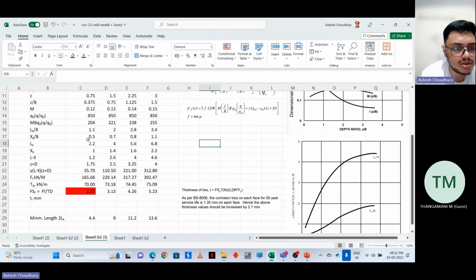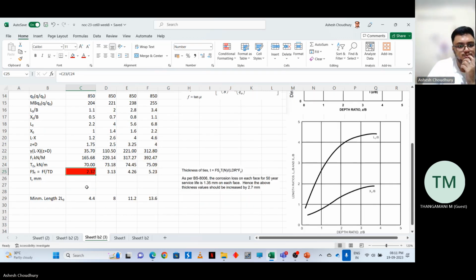Okay. Then Z has changed, right? Z changed. This will change. Okay. Still you can see that it's coming 2.3 only. Okay, it's coming actually less than 2.5.